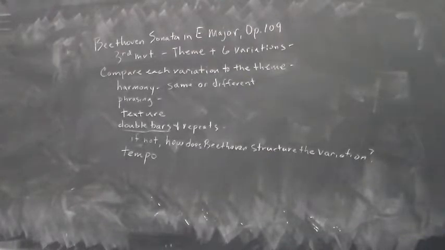So one thing that I also want you to look for has to do with the way the bass line, it's basically an ascending scale. It starts with that skip of a third.